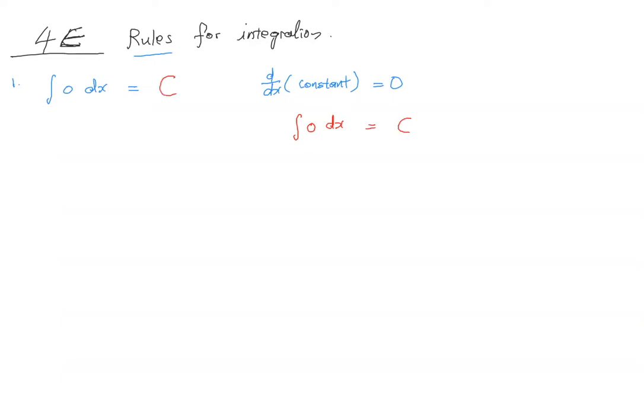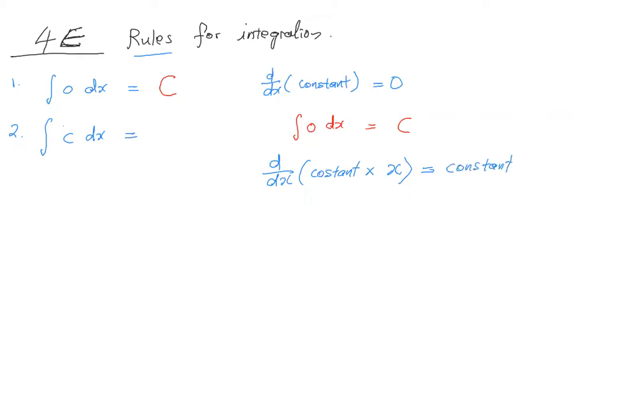Second rule. If I integrate a constant dx, what do I get? If I have a constant times x and I differentiate, I will get a constant. Am I right?